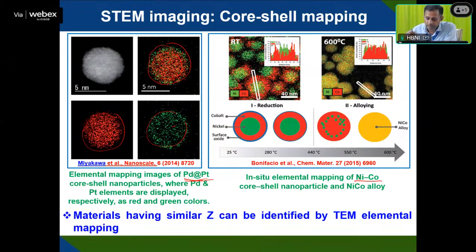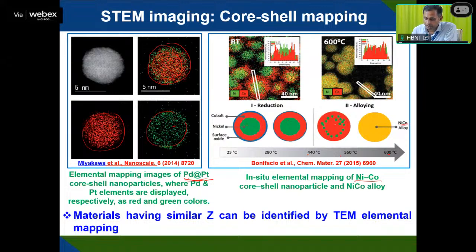And similarly, you can see this alloy formation. Initially, cobalt and nickel had a core shell structure, cobalt outside, nickel inside. Then you apply heat treatment. At 440, 550, and 600, you can see that the nickel, instead of staying as a core shell, started distributing, and finally a nickel cobalt alloy formed.